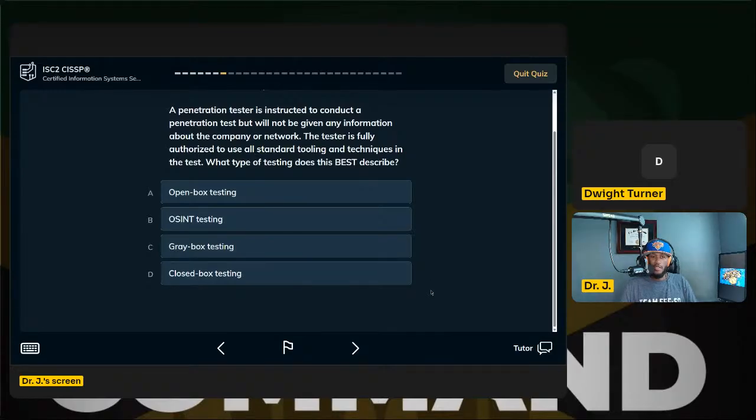All right, a penetration tester is instructed to conduct a penetration test, but will not be given any information about the company or network. The tester is fully authorized to use all standard tooling and techniques in the test. What type of testing does this best describe?